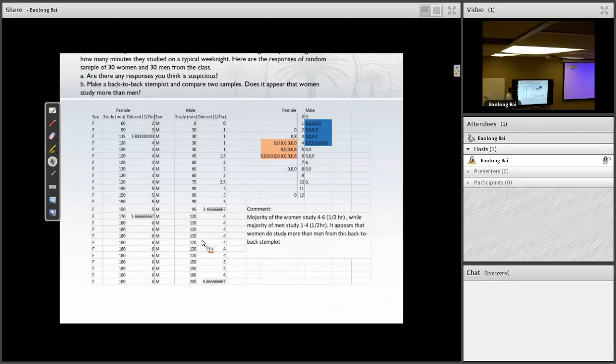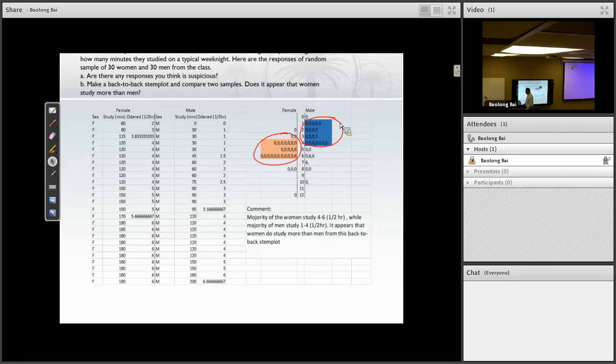So we're able to compare the female and male study time using the back-to-back stem plot. You can see the majority of the female students study between 4 and 6 hours. The majority of the male students study between 1 and 4 hours.